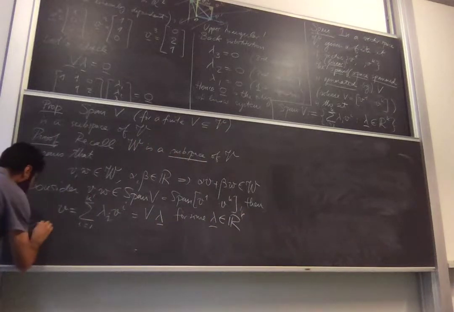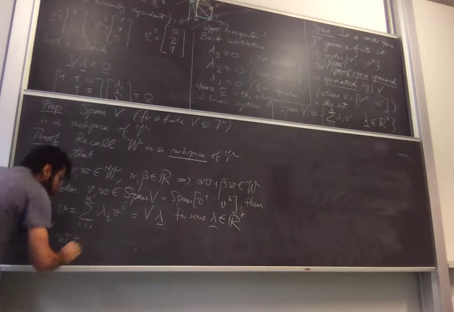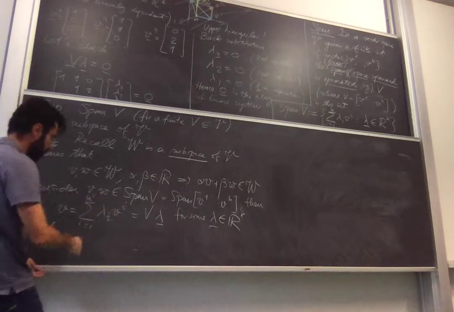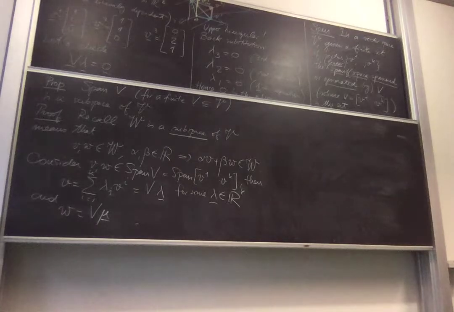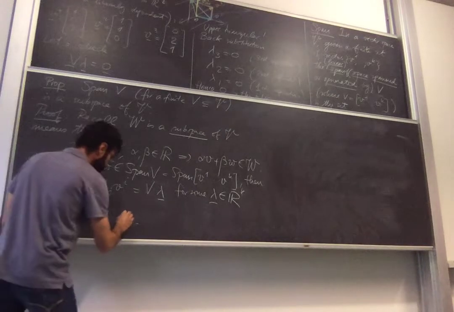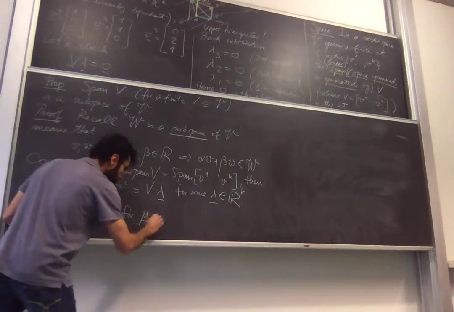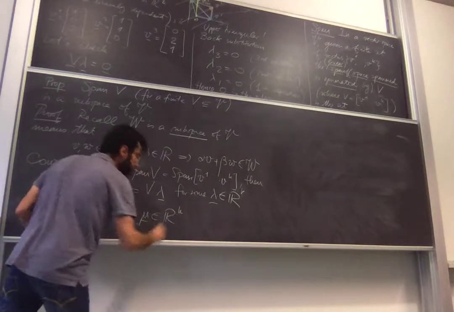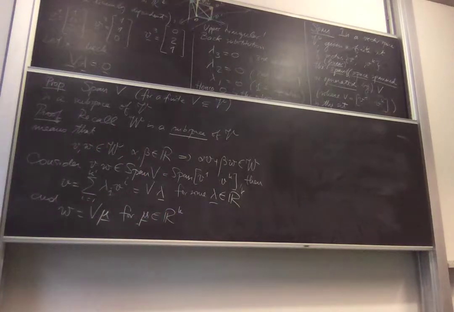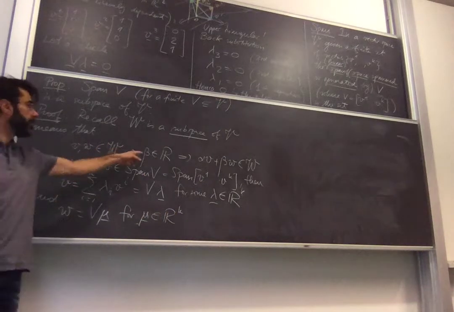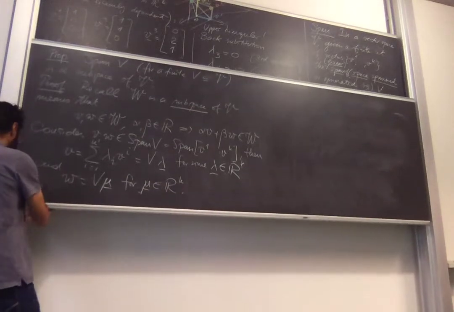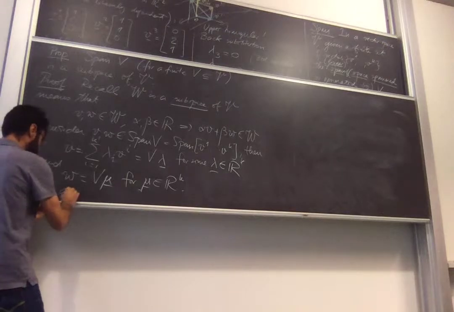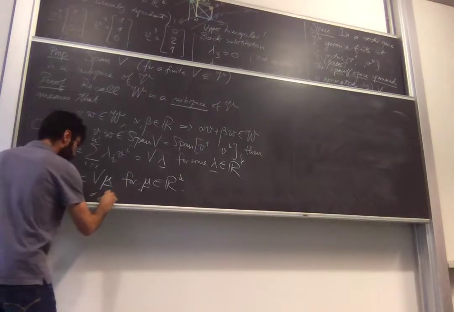And W, same thing, so I'm not going to rewrite the whole thing. W is V times mu, for some mu. Now pick any alpha and beta in R.